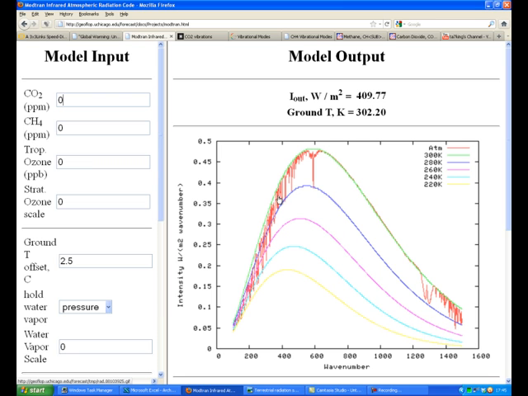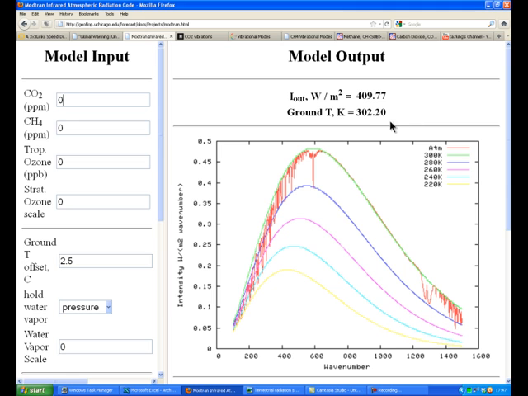Now, the different color lines show different temperatures of planet Earth. For example, the green line is 300 degrees K. The blue line is 280 degrees K, and the pink line is 260 degrees Kelvin. Now, what I want you to imagine is that you are, for example, 70 kilometers up in the atmosphere, and you are looking down on planet Earth.